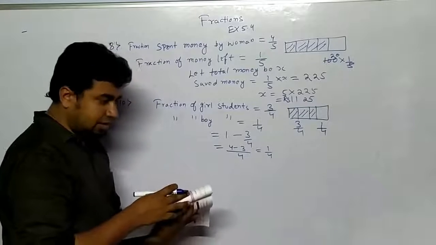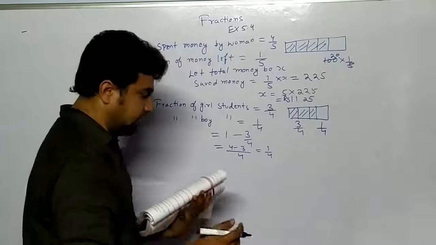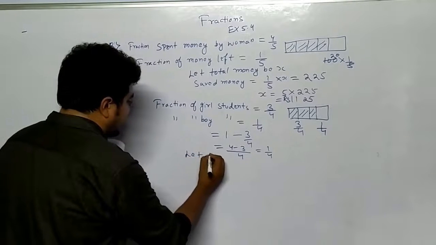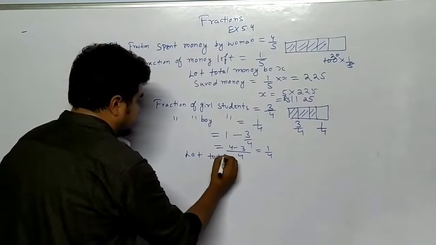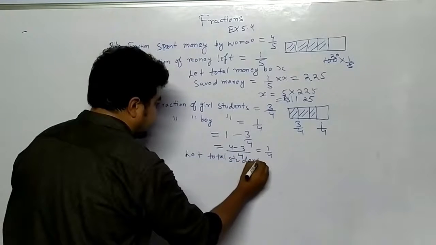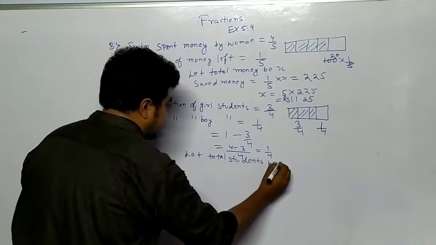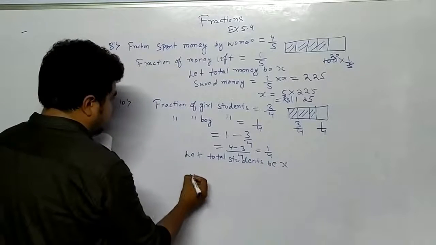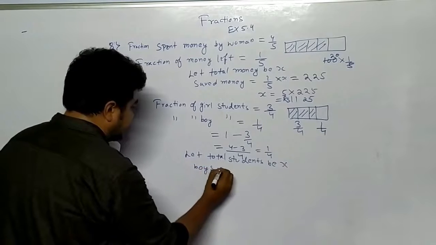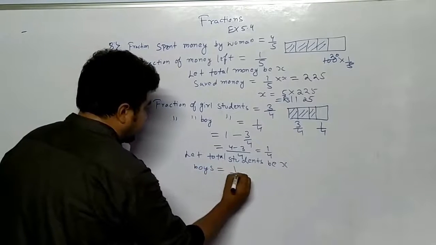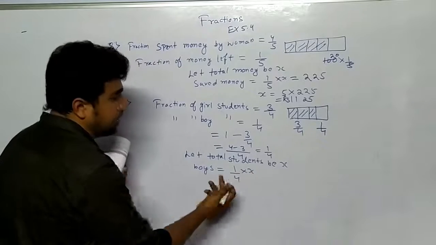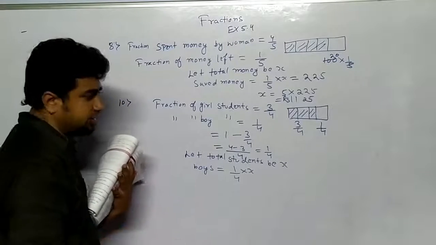Now what is given to us? There are 11 boys in the bus, so I will assume the total number of students to be X. So boys will be equal to 1 by 4 into X. Out of X, 1 by 4 part is boys.